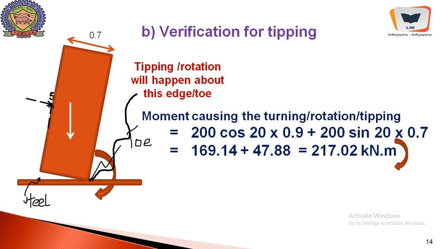Moment causing the turning or rotation, tipping: 200 cos 20 into its moment arm, which is 0.9, and 200 sin 20 into 0.7. This is the moment arm with respect to this.